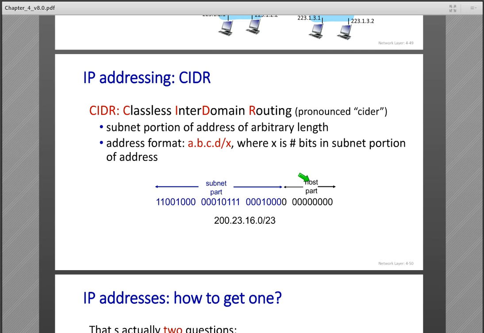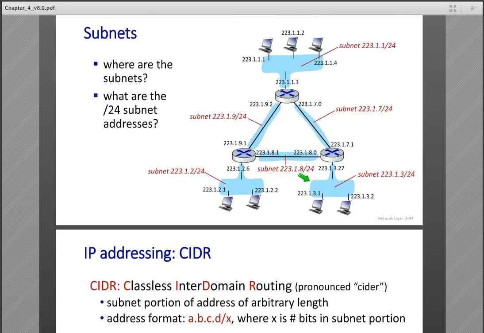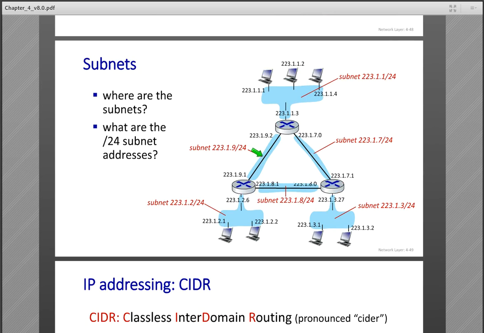In CIDR, we say to assign IP addresses in a network just based on your needs, no more than your requirement.